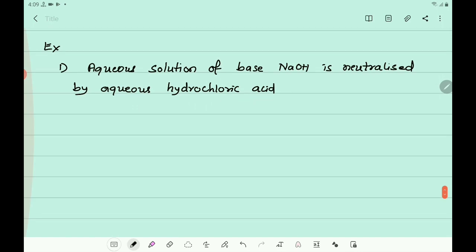So you can write it as NaOH, that is aqueous, plus HCl, that is also an aqueous solution, gives sodium chloride, that is an aqueous solution, plus water.